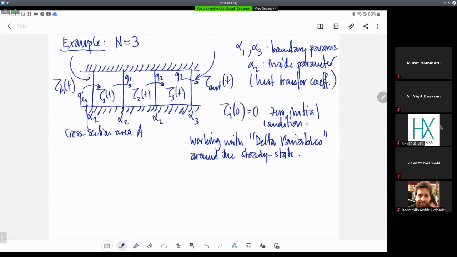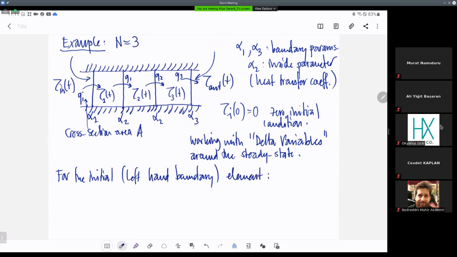So let's try to do this for the initial element, the left hand boundary element.